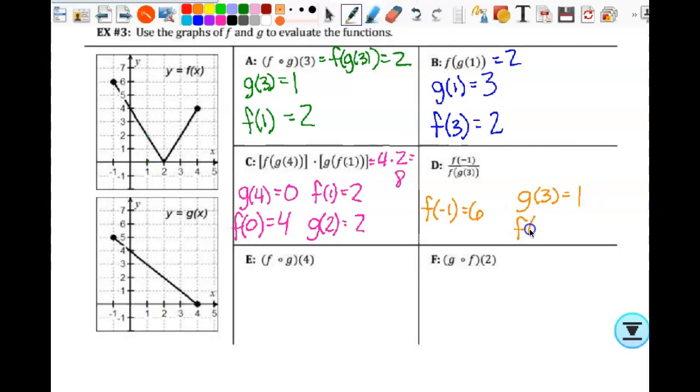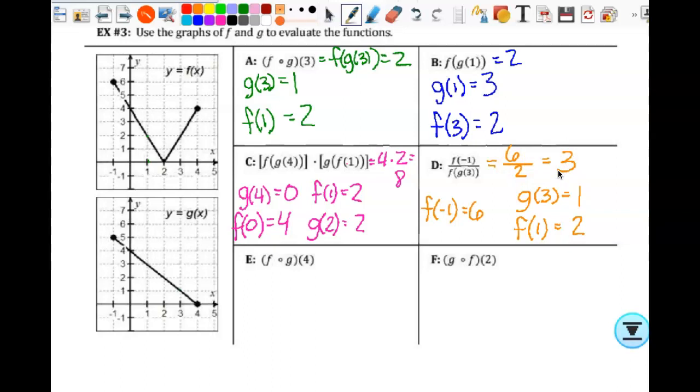And then f of 1 is 2. Okay. So when I do this up here, f of negative 1 is 6. What is f of g of 3? 2. So then my answer is 3.